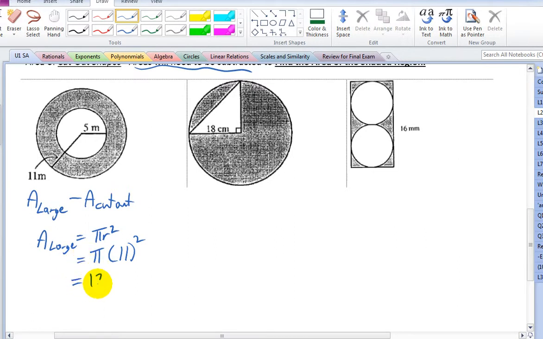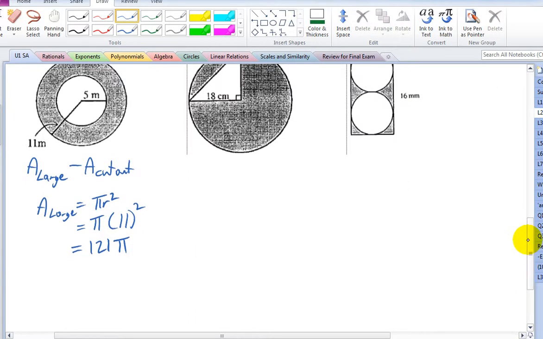So this is 121 pi. Okay. Hands up if you got that. Okay, so the radius is 11. 11 squared is 11 times 11. Okay, 121.